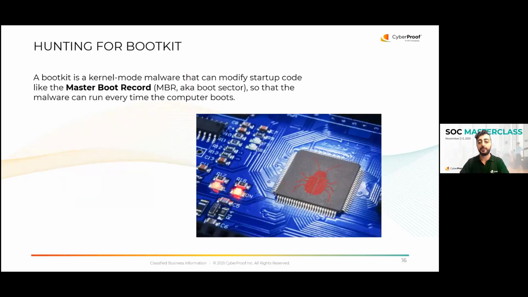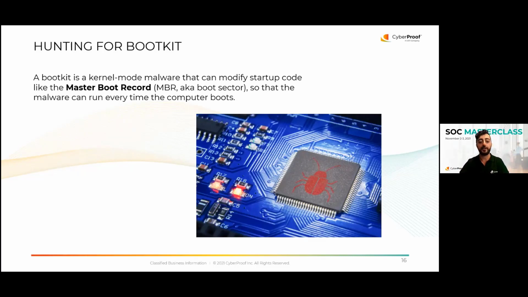But before that, I guess we need to give just a brief introduction to BOOTKIT. BOOTKIT is a kernel mode malware that modifies the startup code of the master boot record, the MBR, also called the boot sector in the drive. It enables the malware to have persistence in order to run every time that the computer boots.